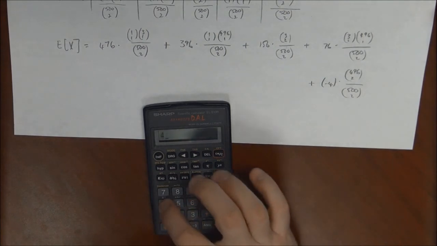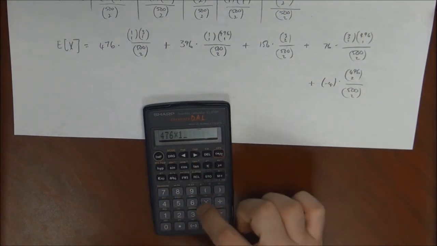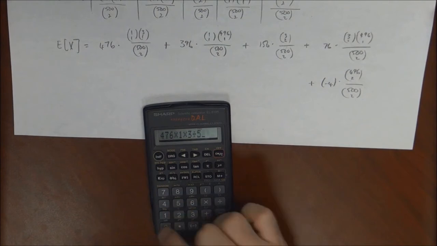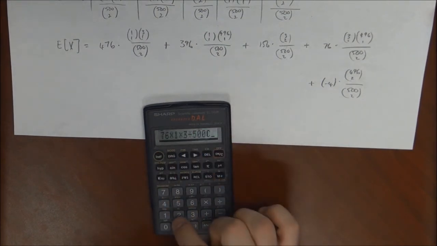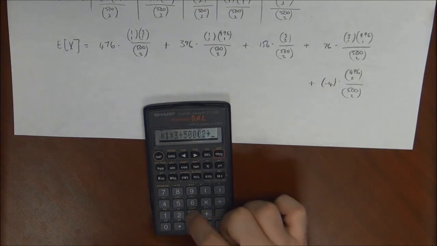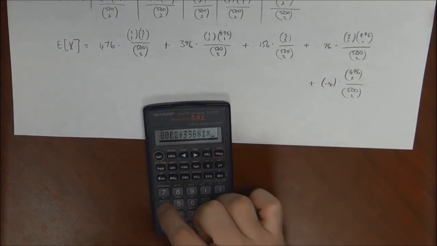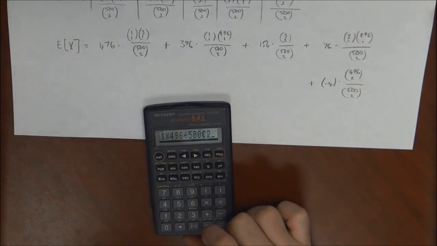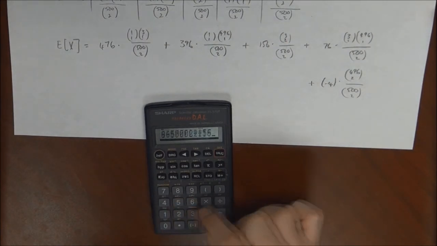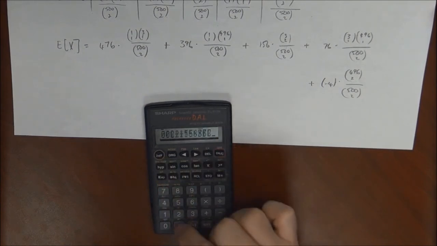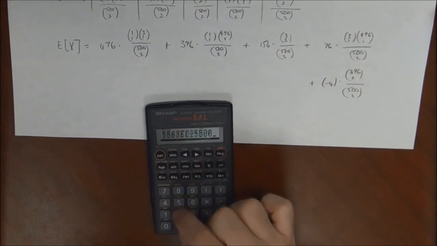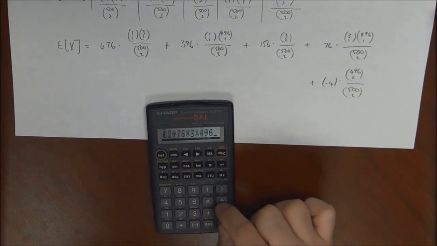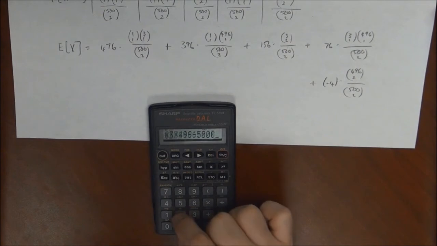So let's go. 476 times 1 times 3, because these are choose 1, so I don't need to say choose 1, divided by 500 choose 2, plus 396 times 1 times 496 divided by 500 choose 2, plus 156 times 3 choose 2 divided by 500 choose 2, plus 76 times 3 times 496 divided by 500 choose 2.